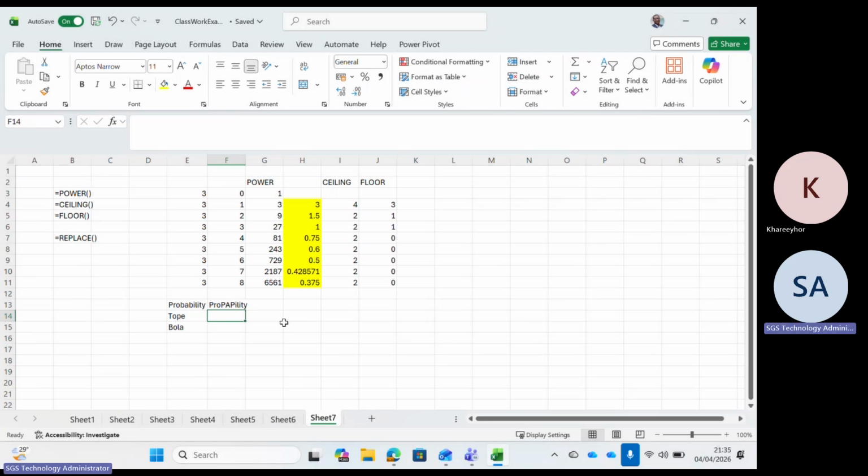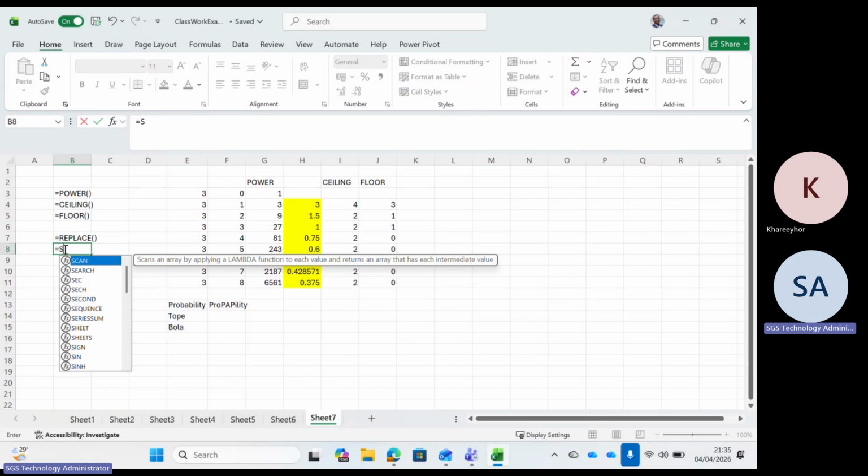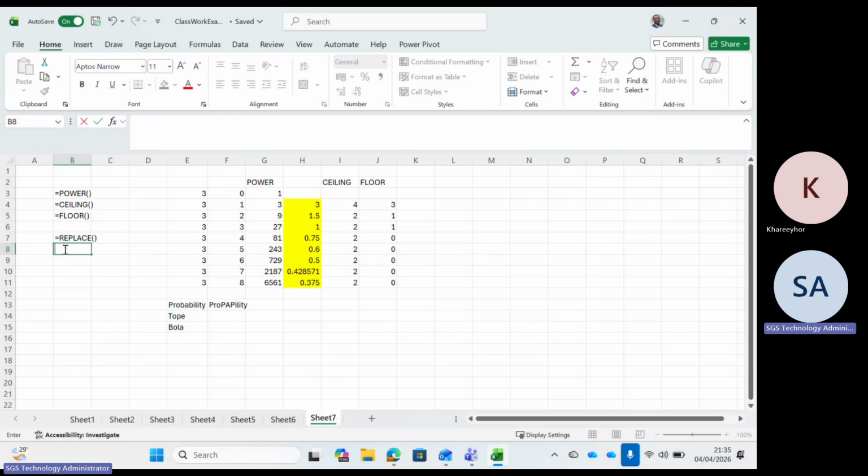This is different from this other one, SUBSTITUTE. That's another version of it, but a simpler one. This one we will just change directly. Equals SUBSTITUTE.